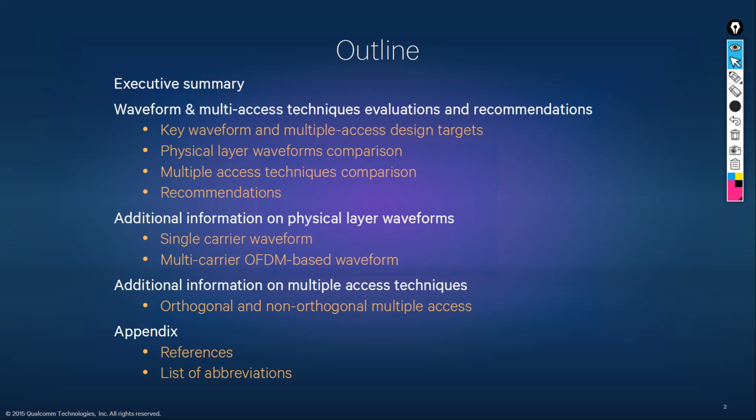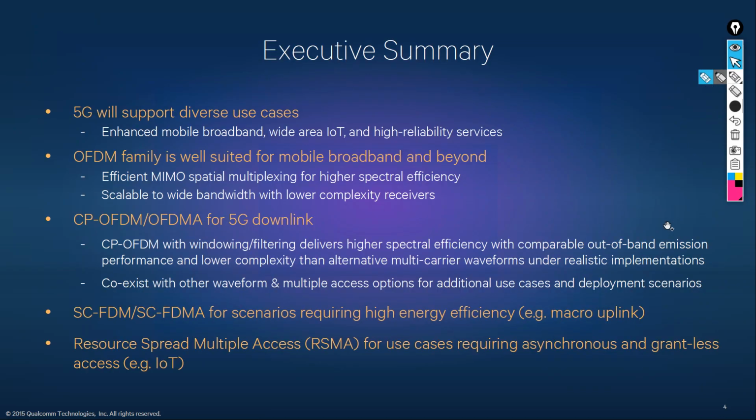Additional information related to multiple access techniques will be given as well, including orthogonal and non-orthogonal multiple access. So first things first, let's give you a summary of the things related to waveform and multiple access in 5G.